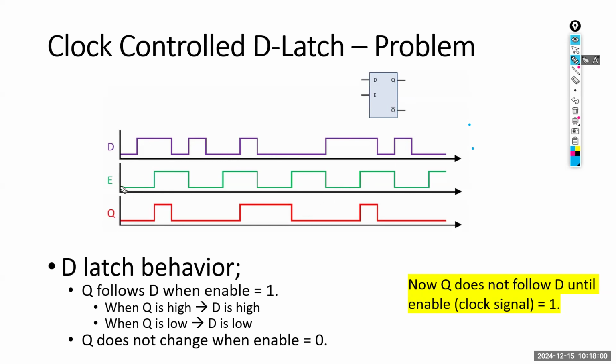So here enable is 0 or disabled. That is the first part of the clock signal. Let's assume we start with Q at 0, so therefore it remains 0. Still enable is 0, that means it's memory. Now enable becomes 1.